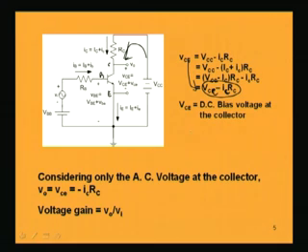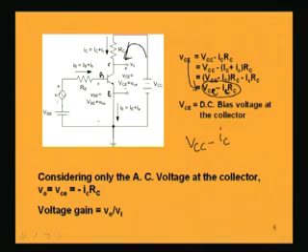The AC component in this VCC minus ICRC is only that small ic and RC, that product, which will now be used for finding out the amplification.